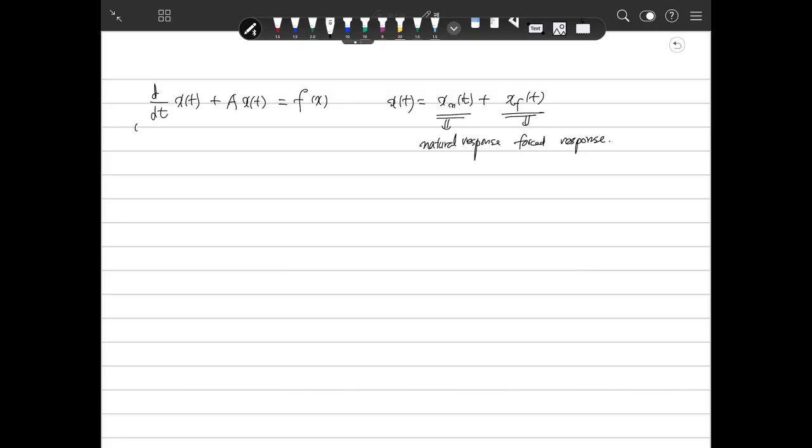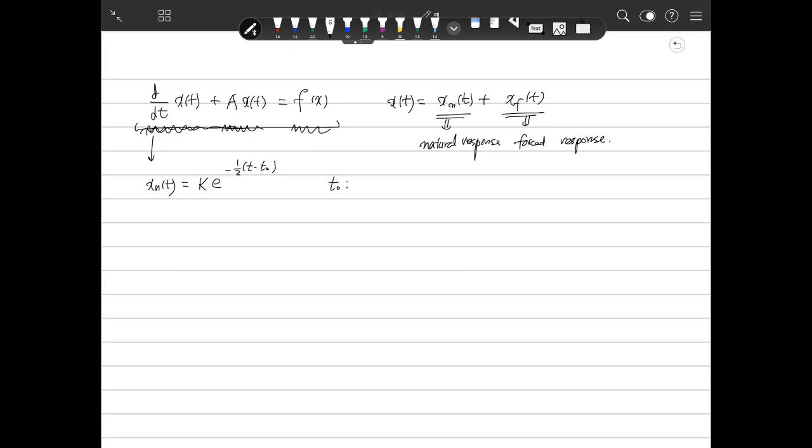In the case of the first order circuit, the system equation can be written in this way. It has a first order derivative term and a zero order term, and this is the forcing input. Then the solution x(t) can be written in the general form k exponential minus 1 over tau (t minus t0).